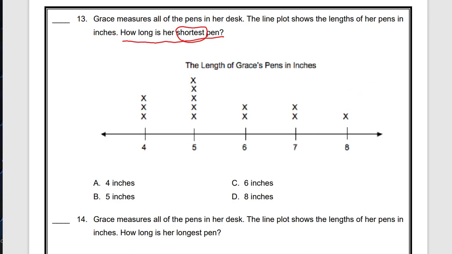I think 8 inches is the longest, not the shortest. So it's 4 inches. We have dots at the 4 here, so 4 inches is the smallest. So this is the shortest pen here. This is the smallest length. So the correct choice here is 4 inches. Okay, thank you, Ala. My heroes, any problems with question number 13?